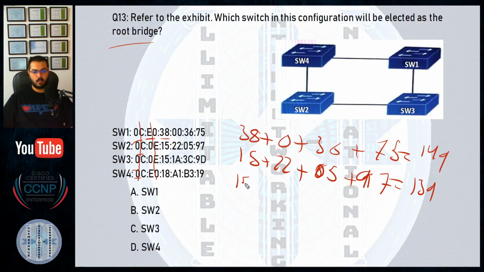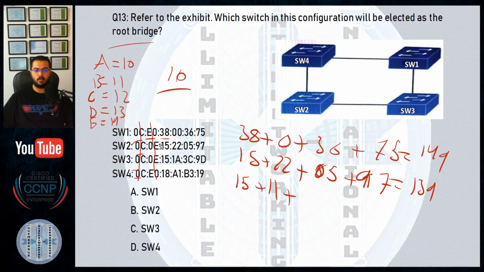Okay, 15 plus A and 1. A gives the numerical value of 10, so that will be 11 plus 3 and C. Okay, so A gives 10, B gives 11, C gives 12, D gives 13, E gives 14, F gives 15. Okay, no problem.